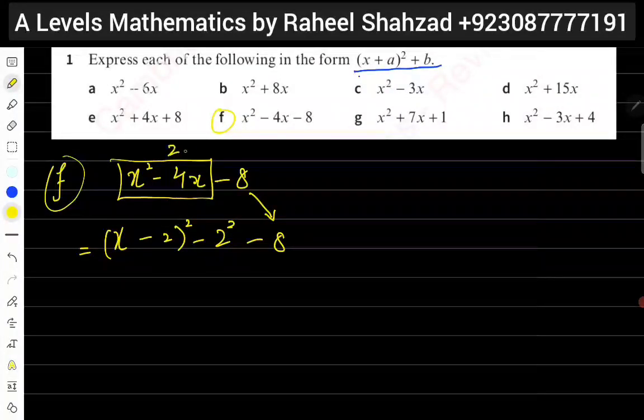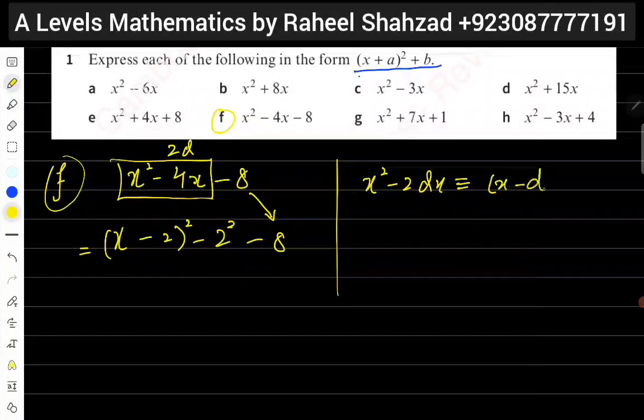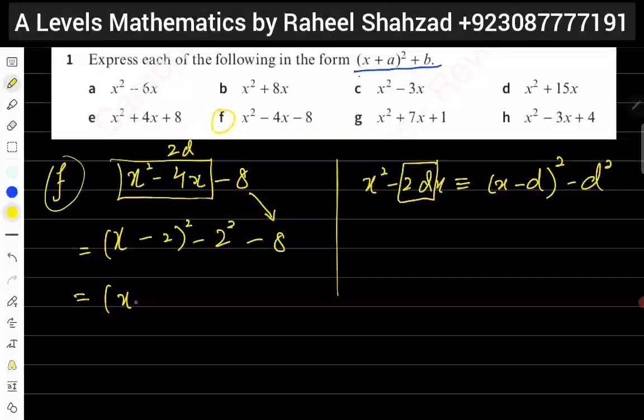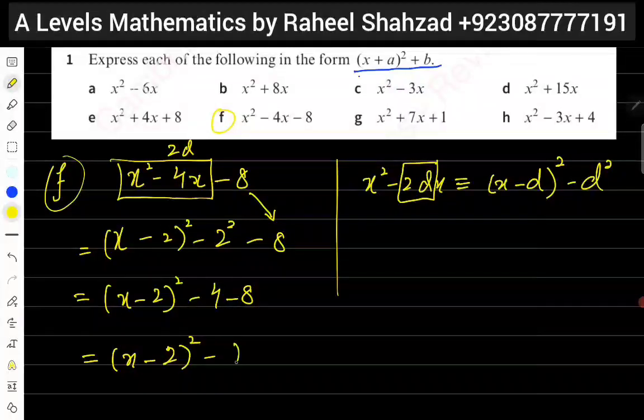Okay, because this is again 2d, and the rule is if we have x square minus 2dx, this can be written as x minus d square minus d square. So you will always consider the coefficient of x as 2d. So if it is 4, it's going to be 2d. Now x minus 2 whole square minus 4 minus 8, that makes it x minus 2 whole square minus 12. So you have expressed it as x plus a whole square plus b, right?